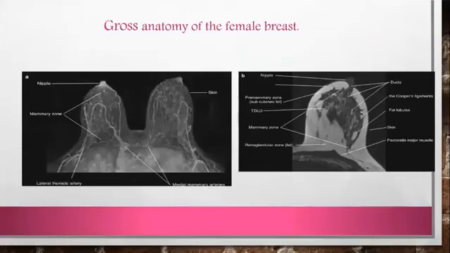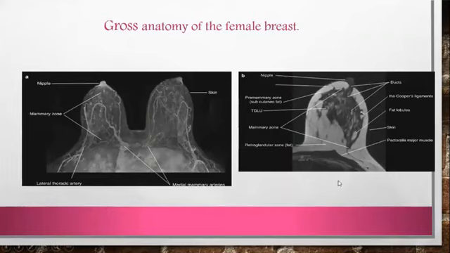MRI also, as we mentioned, gives good coverage from the nipples. This is the mammary glands, you see here, and the internal mammary vessels and the skin in the 3D maximum intensity projection post contrast.